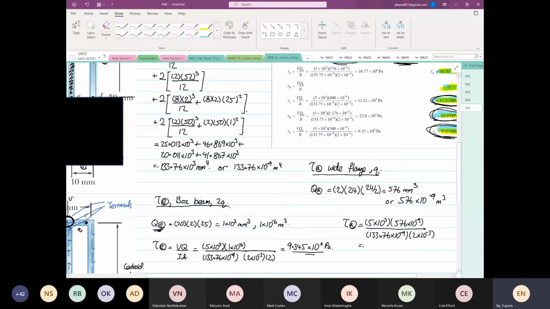This is equal to 10.766 times 10 to the power 6 Pascal. Does that make sense? Yes or no?